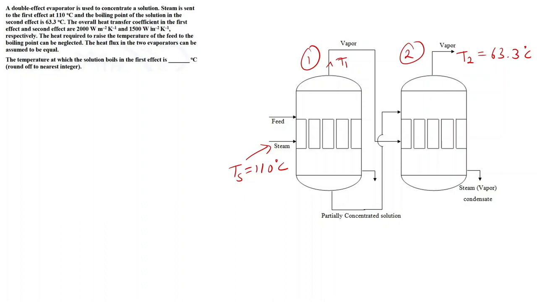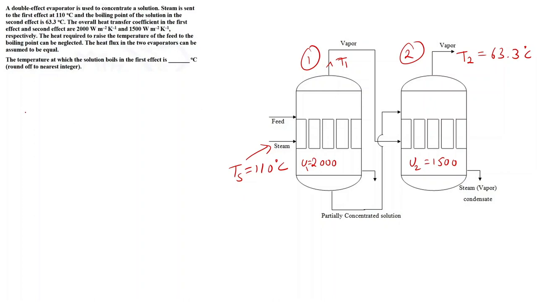We have been given the overall heat transfer coefficient in the first and second effect: U1 is equal to 2000 and U2 is equal to 1500. The heat required to raise the temperature of the feed to the boiling point can be neglected. The heat flux of the two evaporators is assumed to be equal.